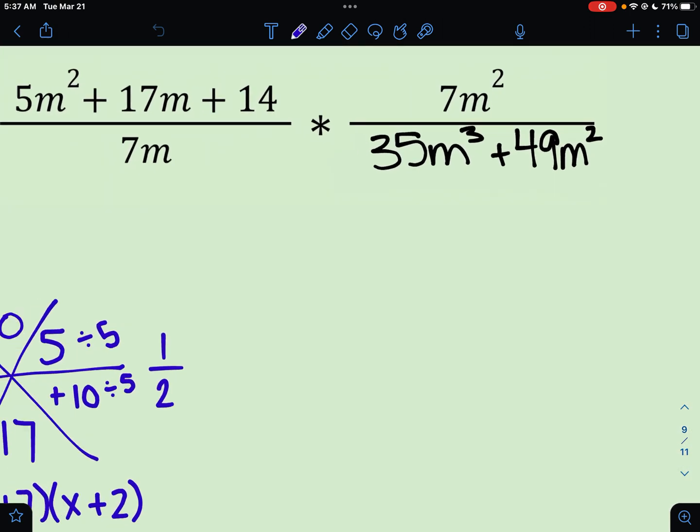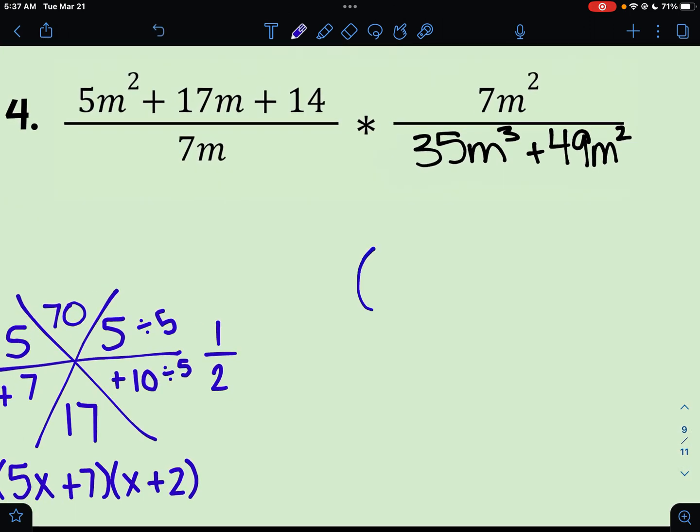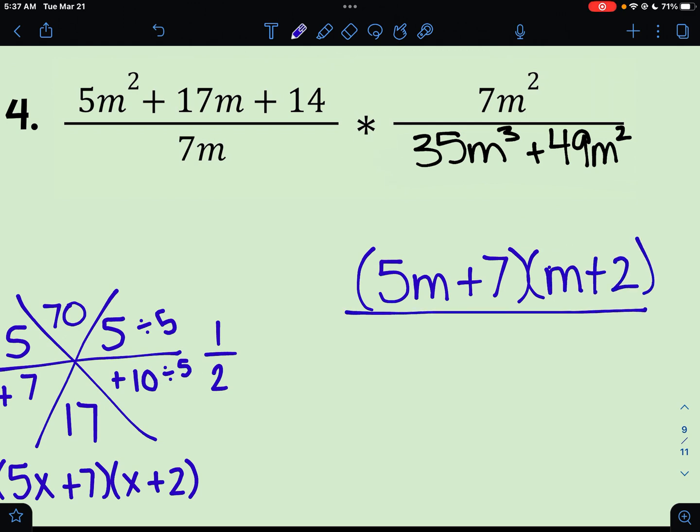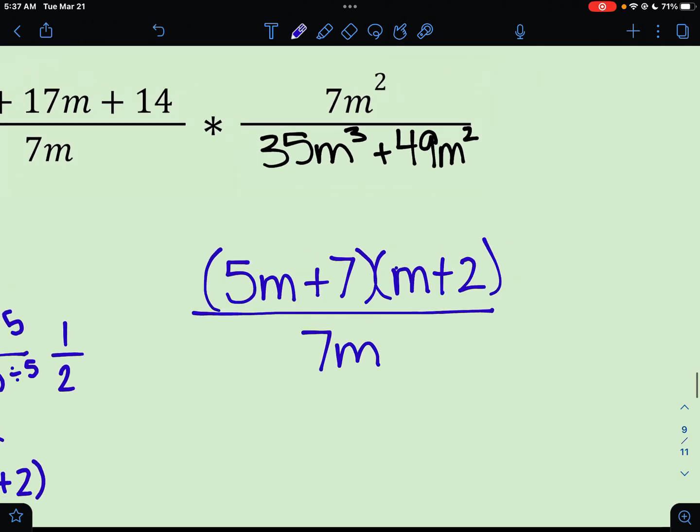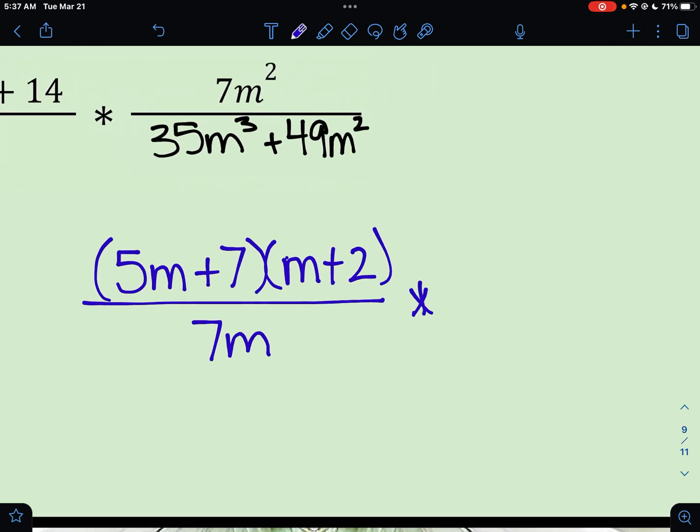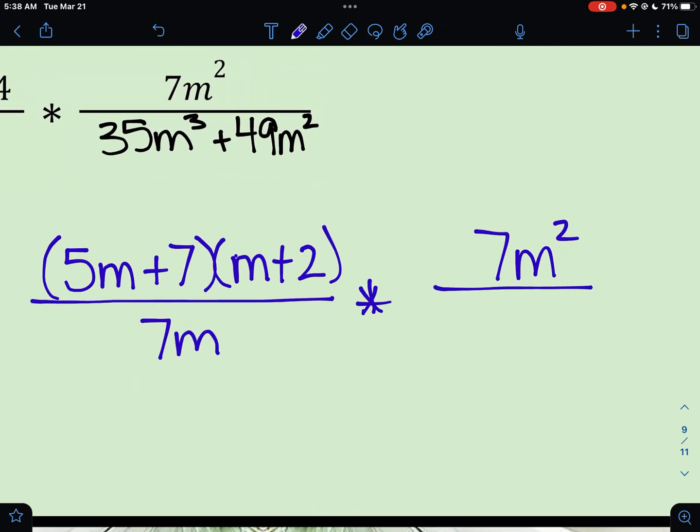So now I'm going to rewrite these fractions in factored form. There we go. And I'm going to use m's. 5m plus 7 times m plus 2 over 7m times 7m squared over, so that looks like a 7 can come out and 2 m's.